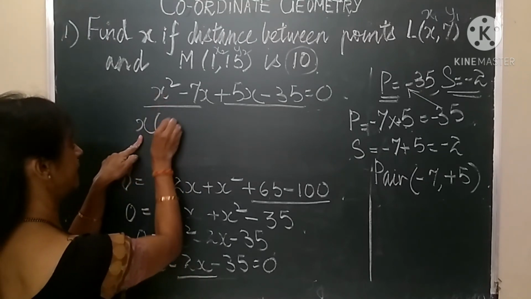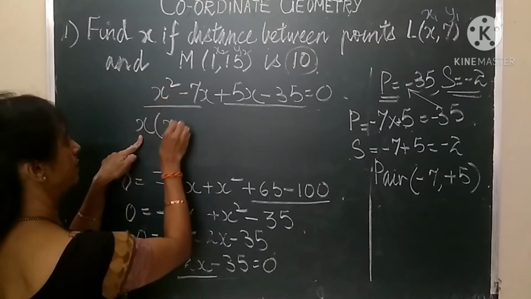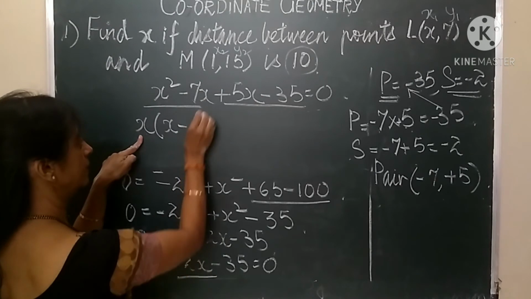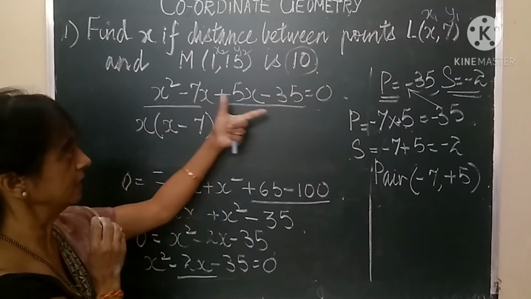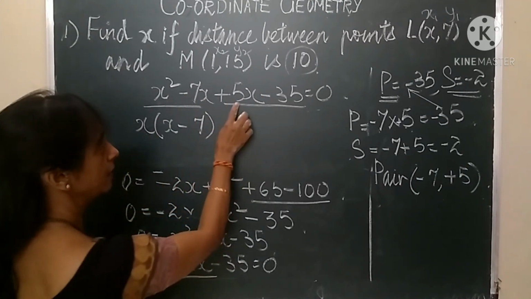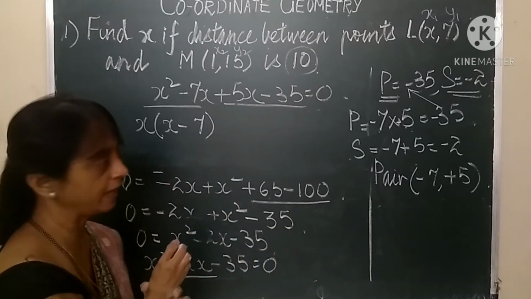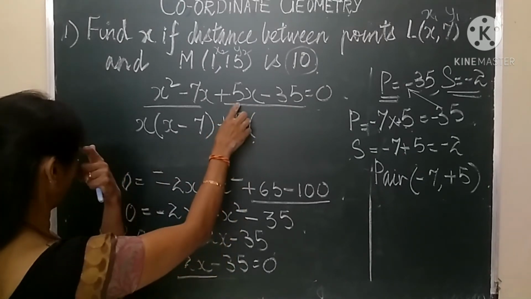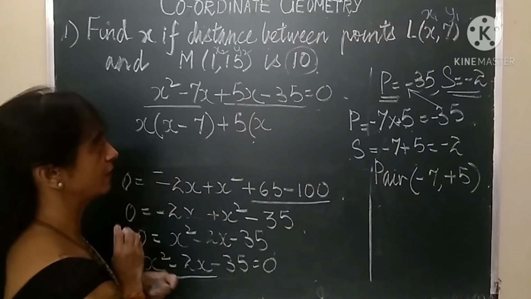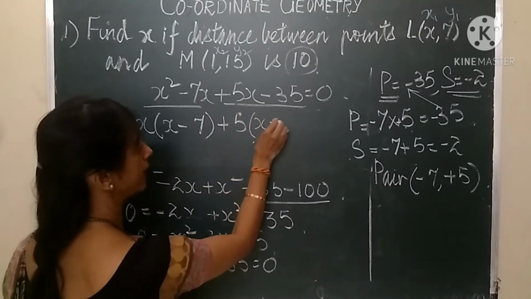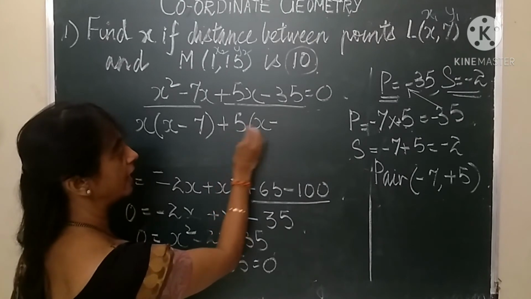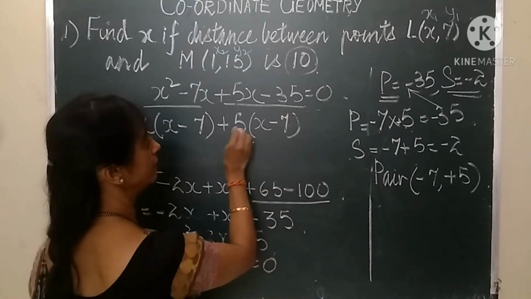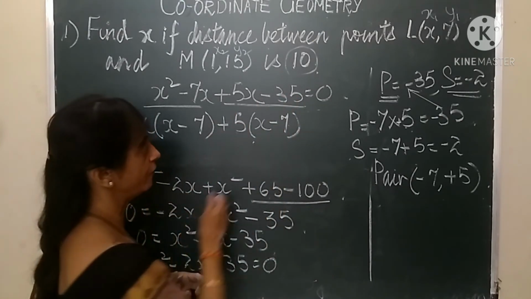So x into x gives us x square, minus x into 7 will give us 7x. Here, let's take out what is common. We can see between 5 and 35, we can definitely take out 5 common. Inside the bracket, 5 into x gives us 5x. Plus into minus will give me minus. And 5 into 7 will give me 35.